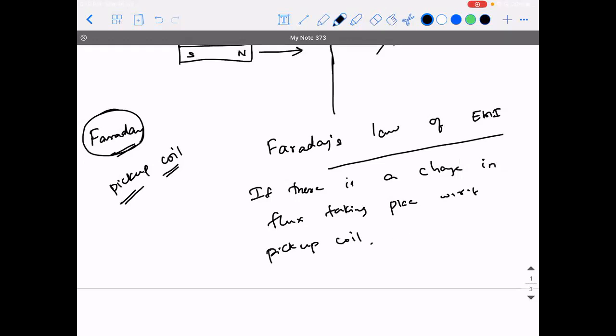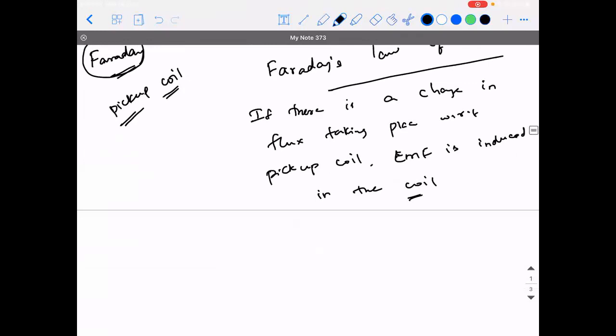He didn't say current. He told EMF is induced in the coil. So as soon as the EMF is induced, what will happen? Current will start getting generated because the electrons will be in motion. Right? So this is the statement that he told. And the mathematical expression that he gave is EMF is directly proportional to the rate of change of flux.